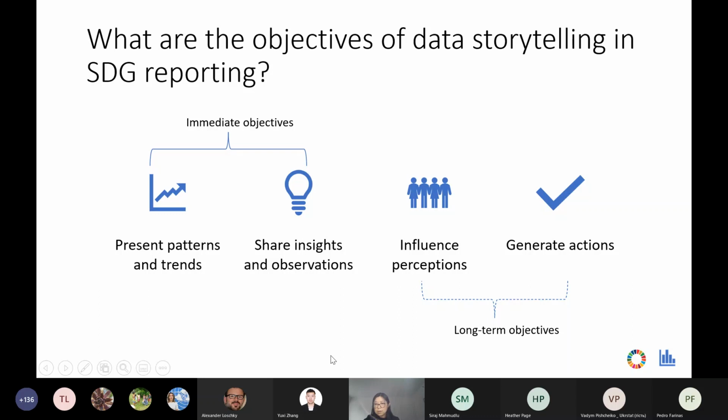But in the long run, we would like to use the data stories and data storytelling techniques to influence perceptions and generate or drive actions towards meeting the SDG goals. So we need to approach data storytelling from two different angles: the immediate things that we want to achieve and the long-term things that we want to achieve.